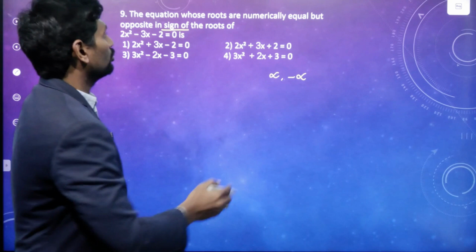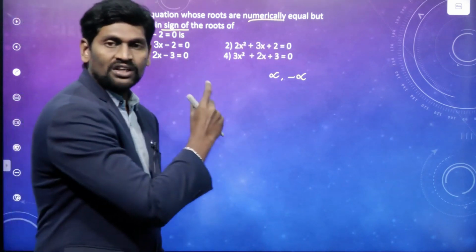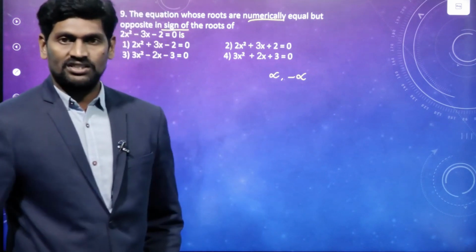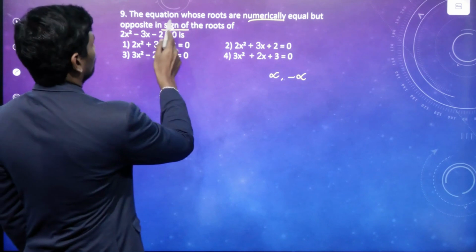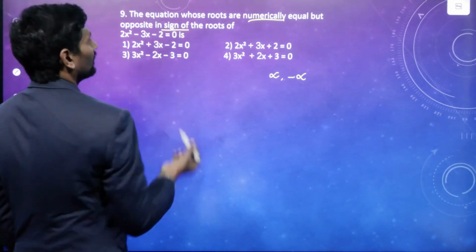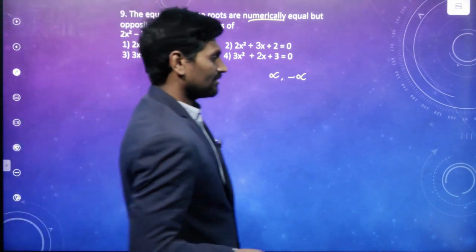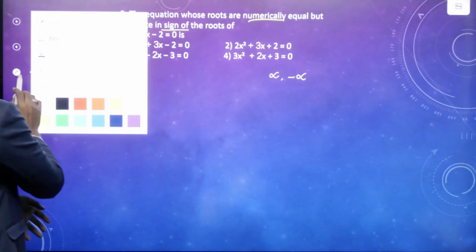That means numerically equal but opposite in sign. If you take one is alpha, second one will be minus alpha. Am I right? Okay. So the equation whose roots are numerically equal but opposite in sign. That means both roots here we are discussing. We should discuss about both of the roots.